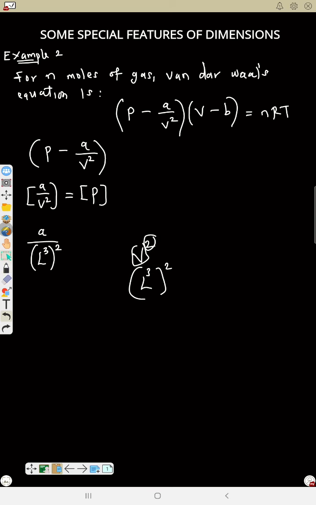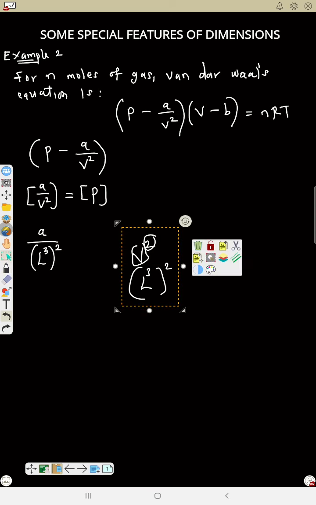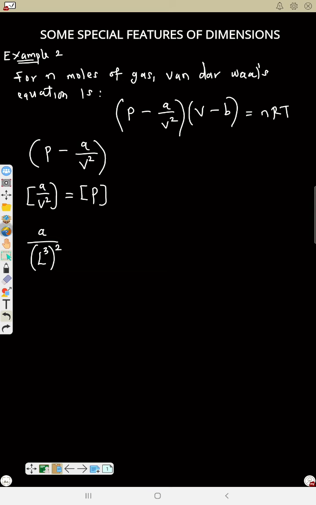So the dimension of pressure now is equal to, we found pressure before, pressure is force over area, and force is ML T raised to power minus 2, divided by area L squared, so that one L will cancel out. So the dimension of pressure now will be M L raised to power minus 1.